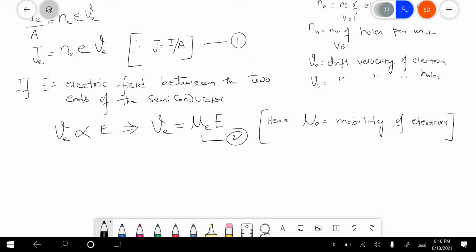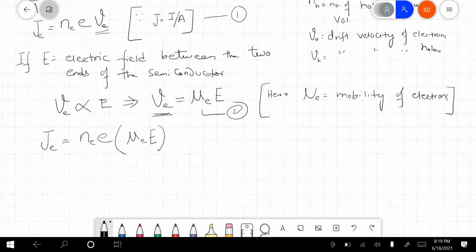Now if you put the value of Ve from equation 2 into equation 1, we get Je equal to Ne e mu e into the electric field. I am just putting the value.